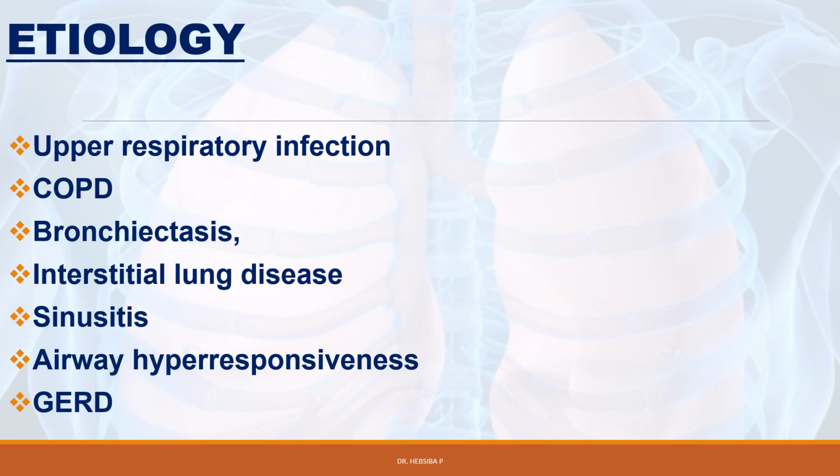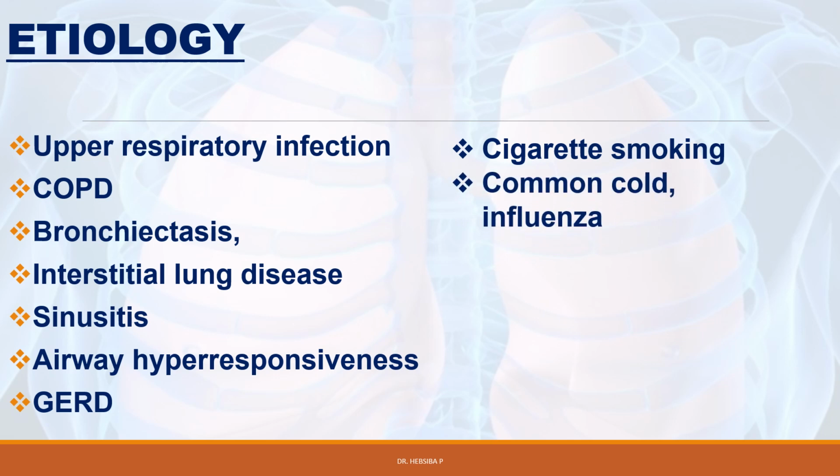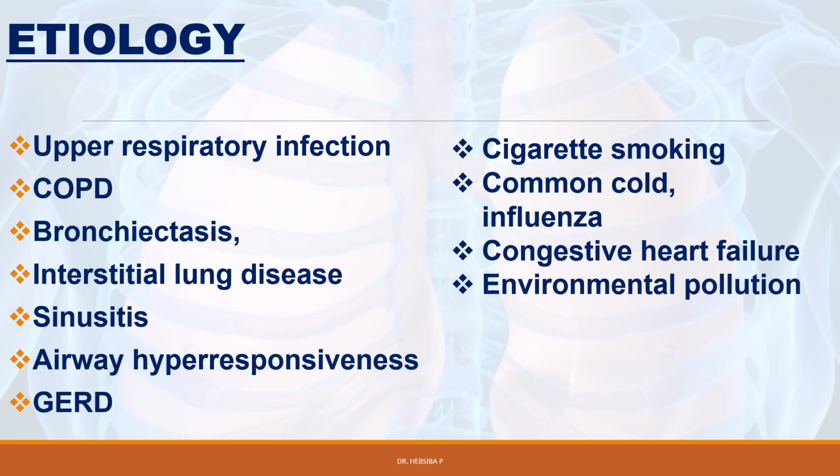So when there is excess mucus secretion, automatically the cough reflex will work, and it will try to cough out the secretions lodged in the airway tract. Then similarly, cigarette smoking, common cold or influenza, congestive heart failure, environmental pollution, and asthma. These are the common etiological factors.